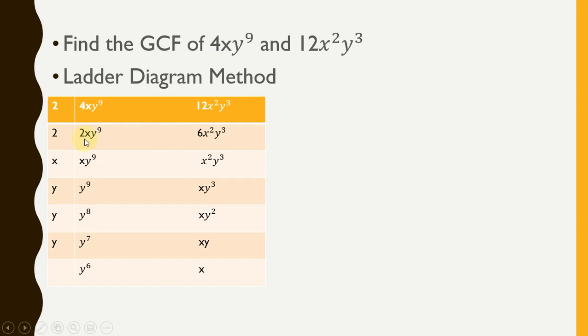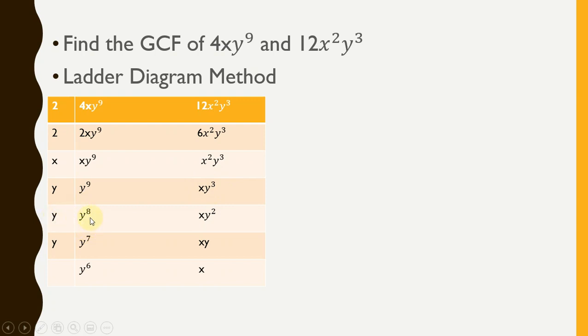So we have now xy to the 9th and 3x squared y cubed. Divide it again by x. So we have now y to the 9th and 3xy cubed.